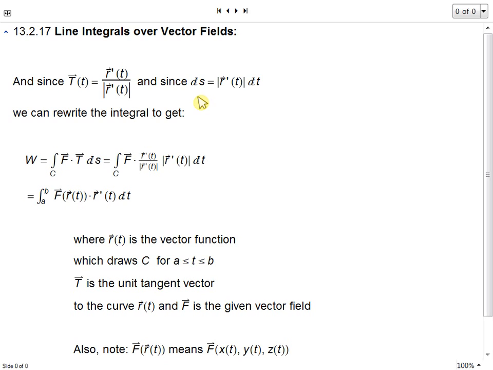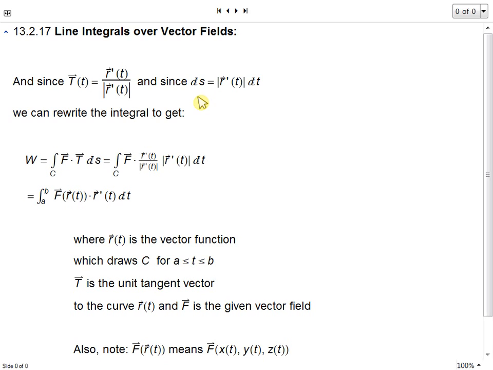Then if you take T and multiply by ds, this T ds becomes there's T, there's ds, well, with the dt at the end of it. These two cancel, don't they? And so what you're left with is F dotted with what? The derivative of r.